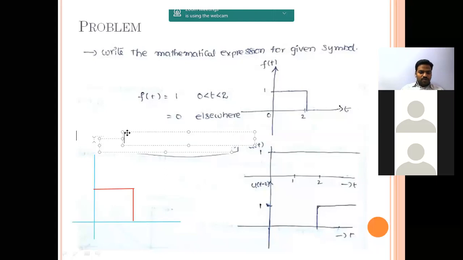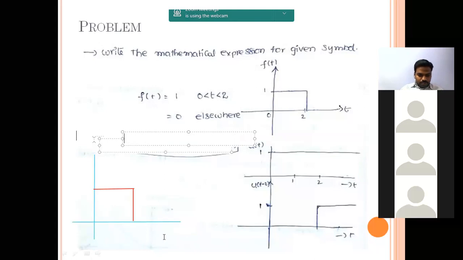See, just carefully watch what I am going to write down on this and how this will look. So I am considering 2 and I am defining 2 here.